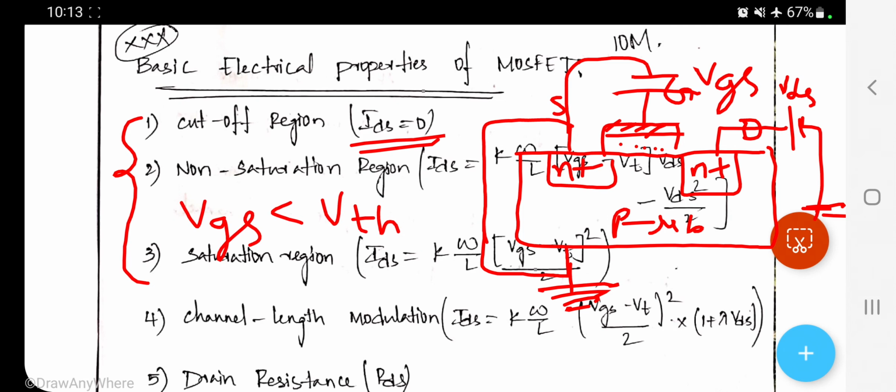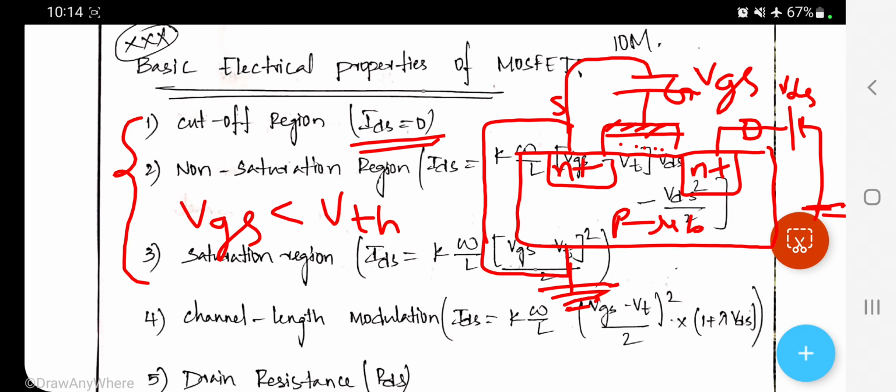That is, the minimum gate to source voltage required to form the channel between source and drain is called the threshold voltage VTH. If the applied gate to source voltage VGS is less than the threshold voltage VTH, then the transistor operates in the off, that is cutoff, region. IDS is almost equal to 0 and we say that it is an off switch.